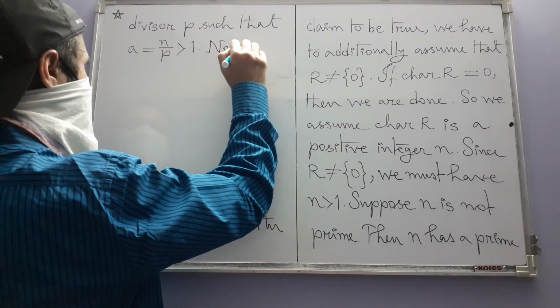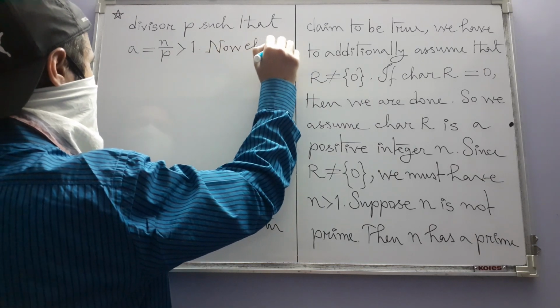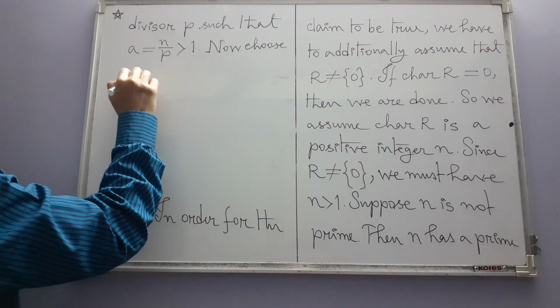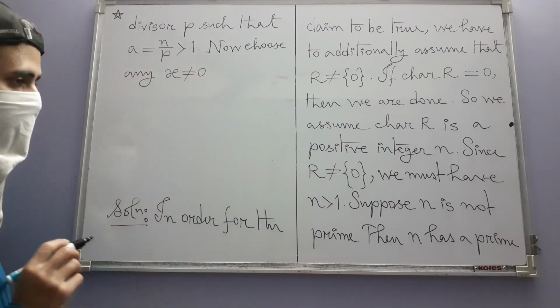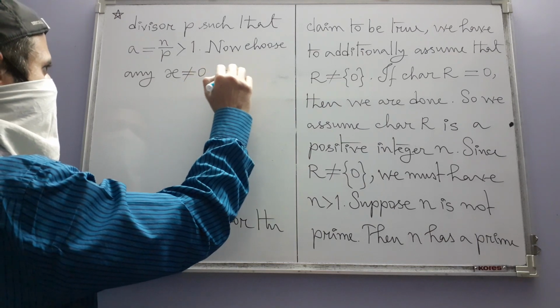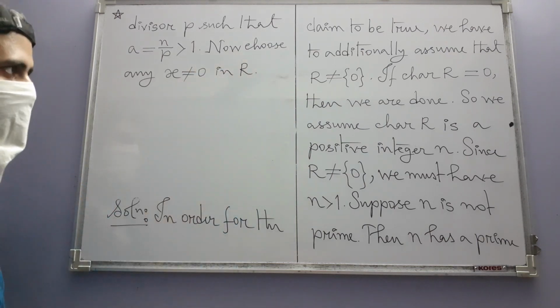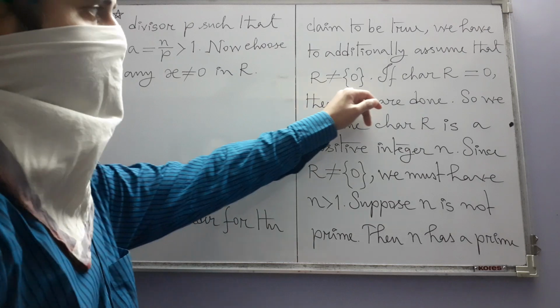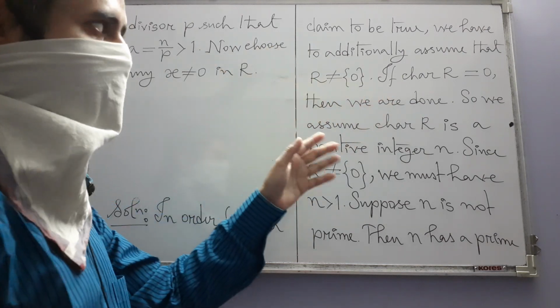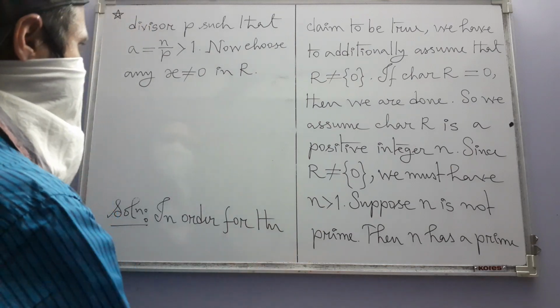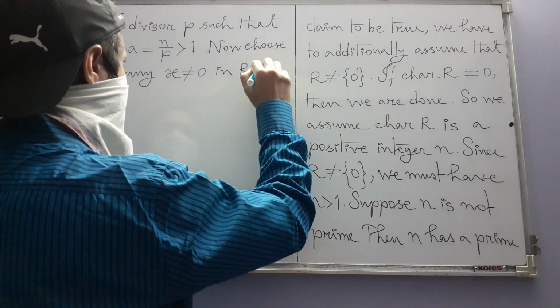Now choose any non-zero element x in R, and we are able to make such a choice because R itself is not the zero ring. So there is something in R besides 0.